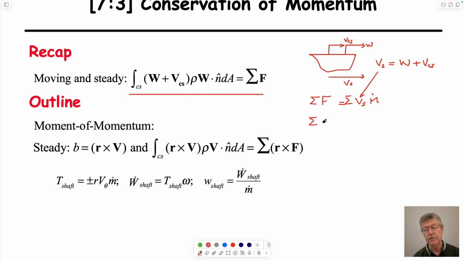So we know that we can always write this as the sum of the velocity coming into or out of the control surface plus the velocity of the control surface, times the mass flow rate.